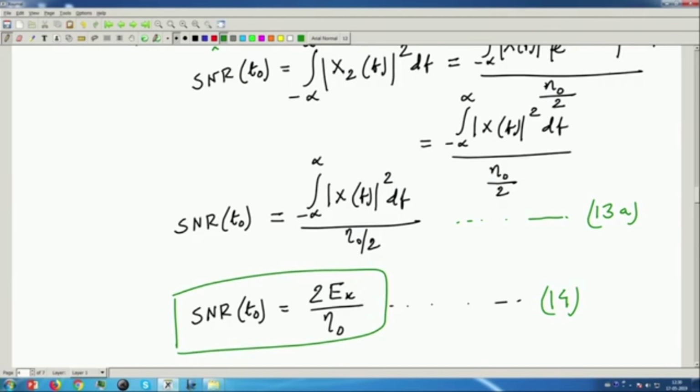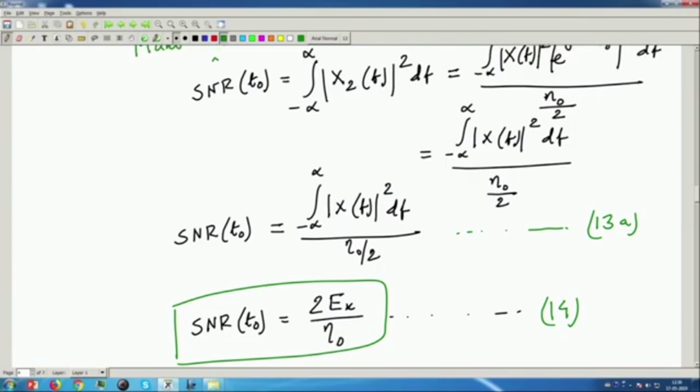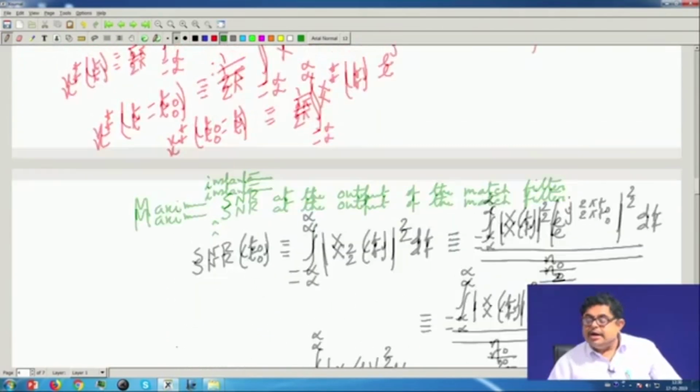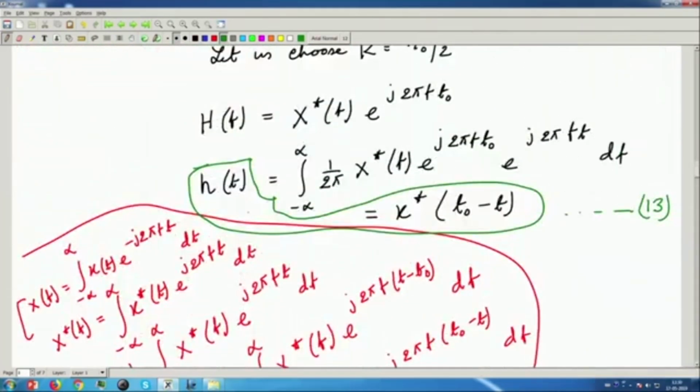We know the power spectral density of noise, two-sided spectrum. So, 2 E x by eta naught. Now, this is an important thing. Compare equation 13. What is equation 13? The matched filter impulse response depends on the shape of the signal for white noise. It does not depend on anything else.